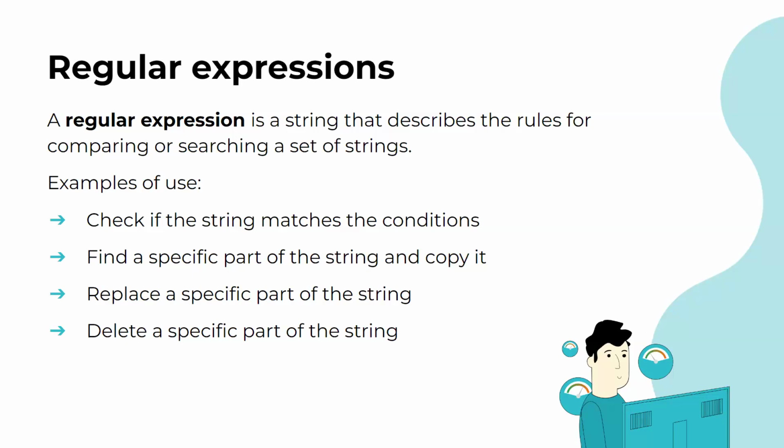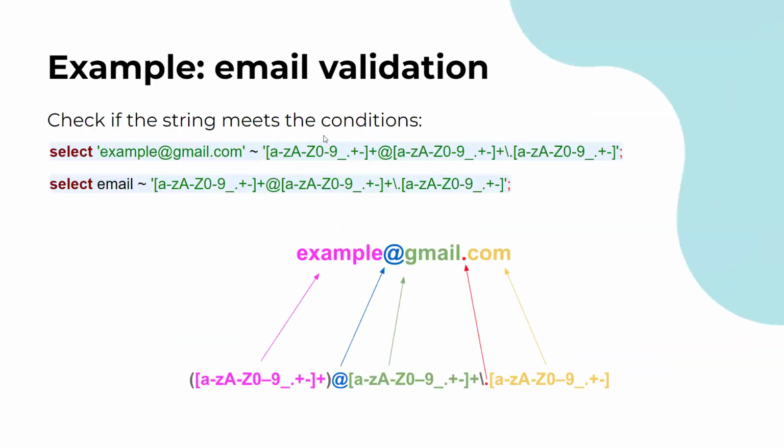That would be the condition on which your regular expression would show. So for example, on the email validation, you are checking if the string meets the condition, so you just select the condition. For example, you have here example at gmail.com.